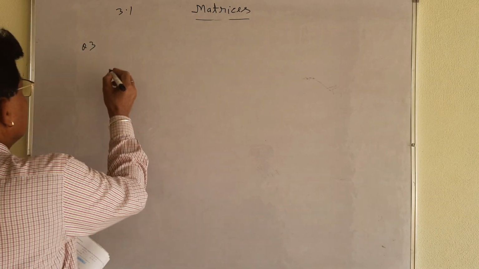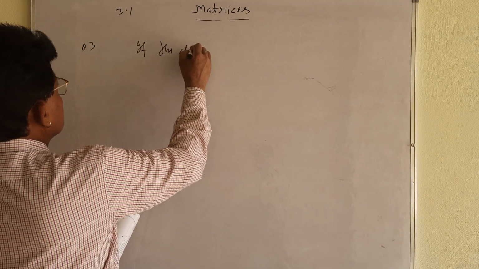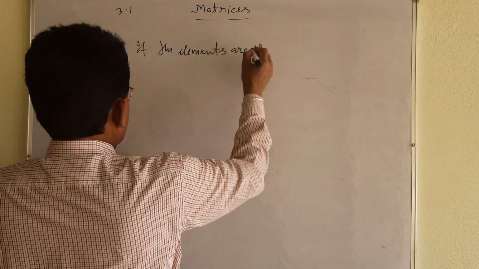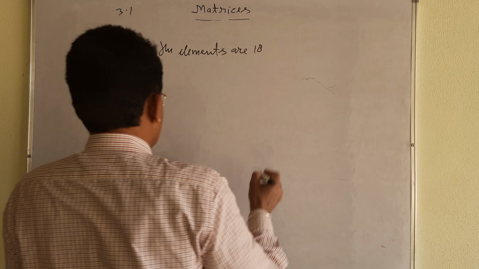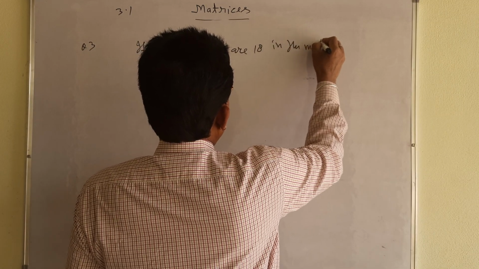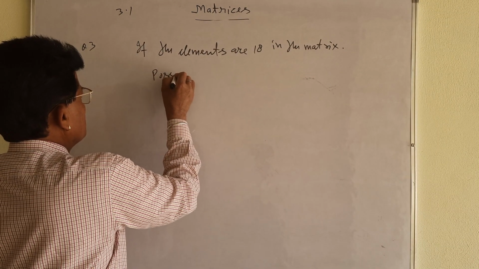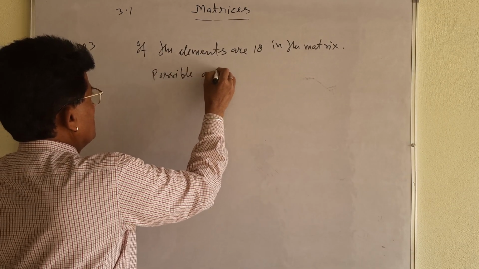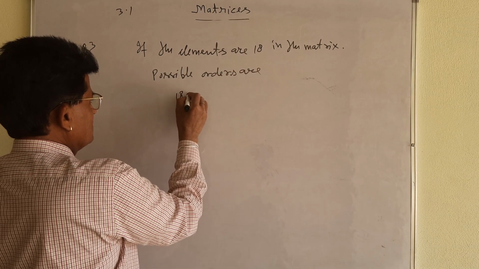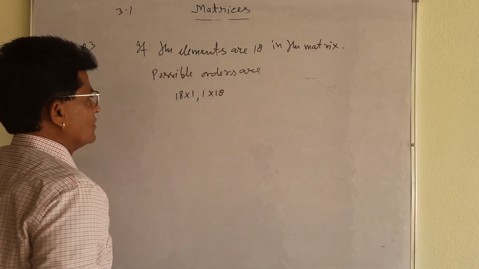If there are 18 elements in the matrix, what will the possible orders be? 18 rows, 1 column, 1 row, 18 columns.